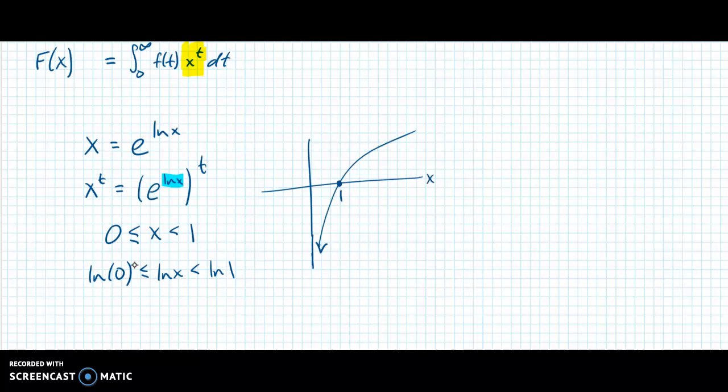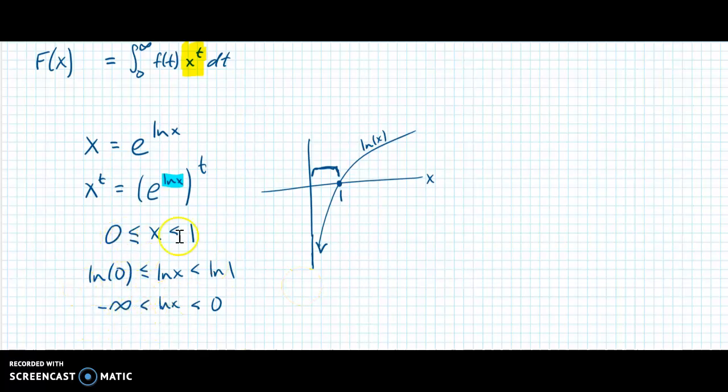So if this was an x-axis, this would be x from 0 to 1, and this graph would be ln of x. So if my input for ln of x is limited between 0 and 1 because I want this integral to converge, then the question is, what's ln going to be between? Well, I know ln of 1 is 0, and I know that ln of 0 goes to negative infinity.